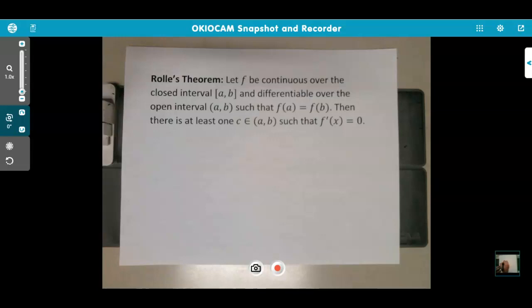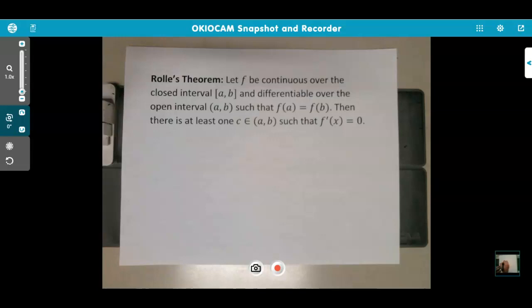Three things might happen. The first thing is I might leave that point and start going up. If I start to go up, we know since these are at the same y that at some point I'm going to have to turn around to come back. Therefore, at this point right here, I have a flat line.